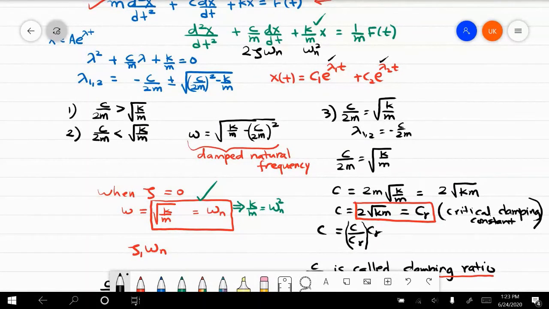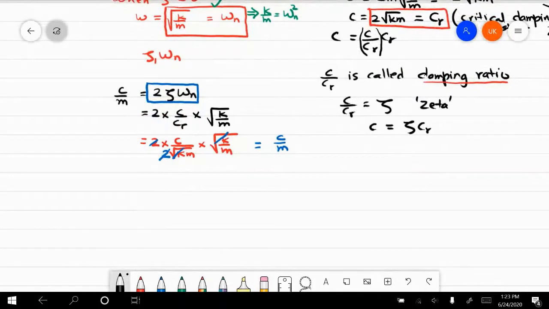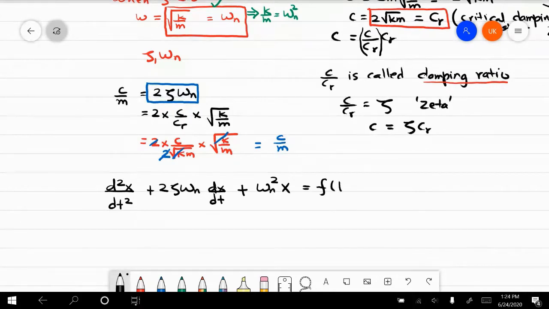And this f(t) divided by m will just be written as a function of time, okay, which means the second order differential equation for this mass on a spring can also be written as d squared x dt squared plus 2 zeta omega n dx dt plus omega n squared x equals f of t.